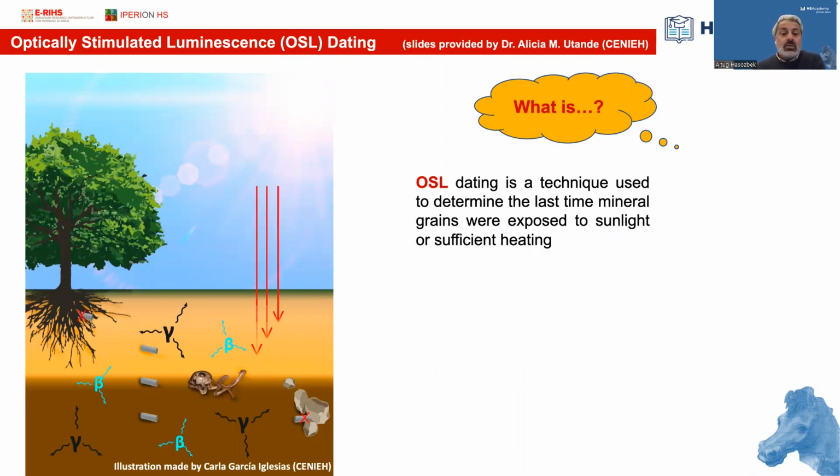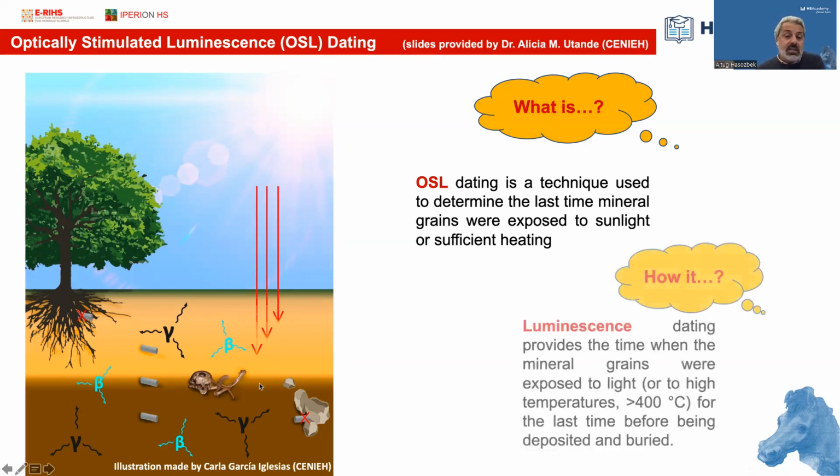OSL is a technique to determine the last time mineral grains were exposed to sunlight and/or sufficient heating. Luminescence dating provides the time when the mineral grains were last exposed to light or to high temperatures, over 400 degrees, before being deposited, as you can see in this illustrated graph.